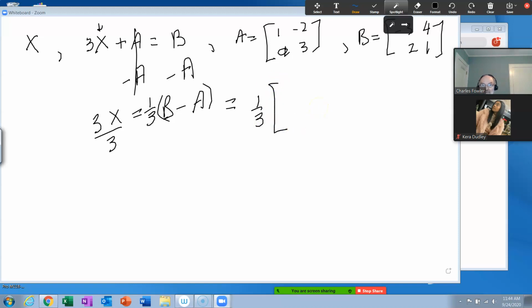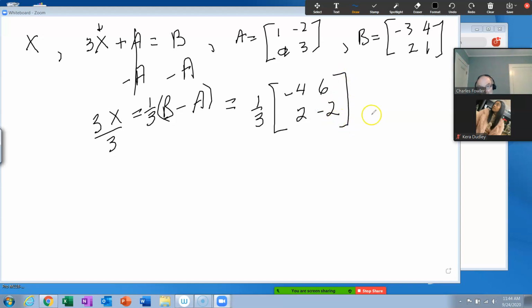So let's see if we can do that up here. Entry by entry. -3 minus 1 would be a -4. 4 minus a -2, that would be 4 plus 2, would be 6. 2 minus a 0 would be 2. And 1 minus a 3 would be a -2. Okay?